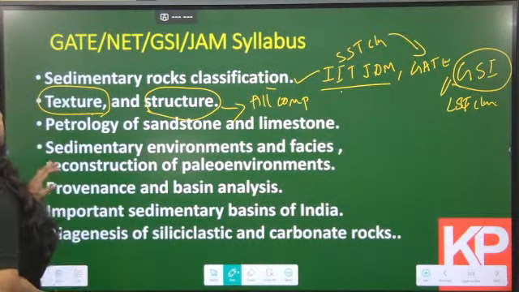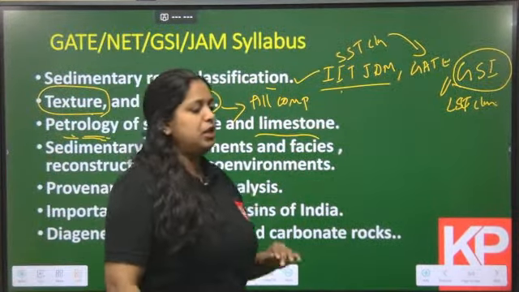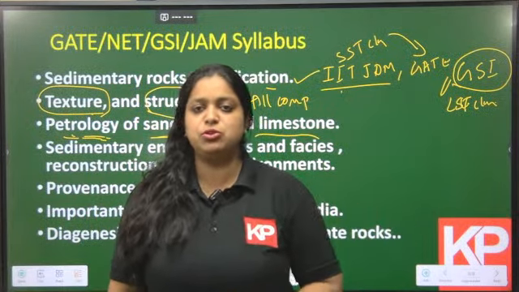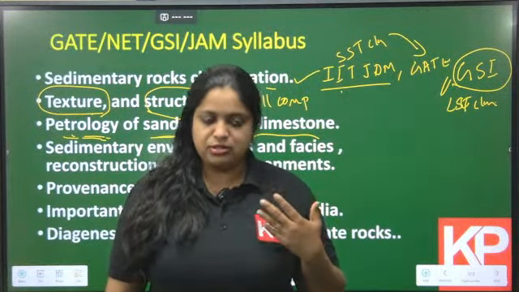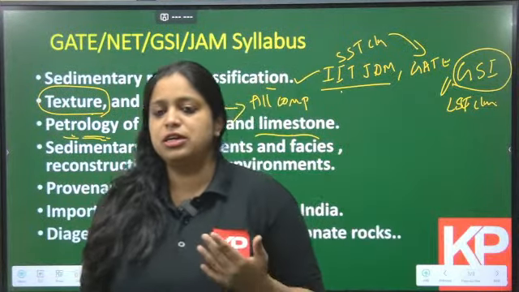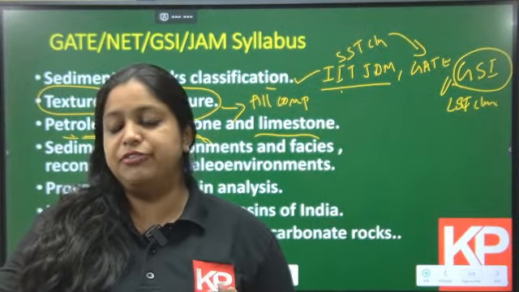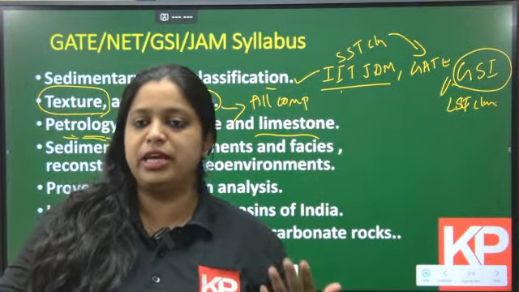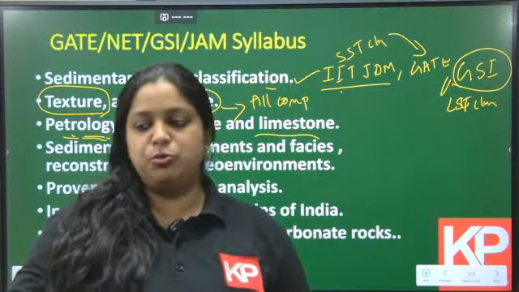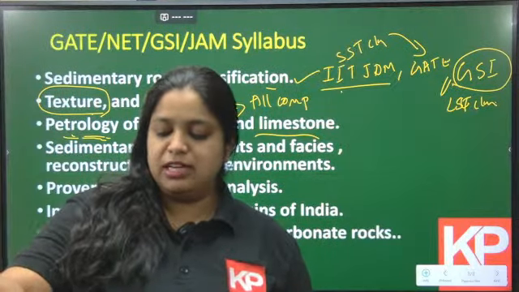Now the third chapter is petrology of sandstone and limestone, including the complete classification of sandstone and limestone. For a particular sandstone, or for arkose, what are the different conditions where arkoses can form, the environment in which arkose development can happen, or the conditions where limestone formation can take place, or what a particular sandstone defines.